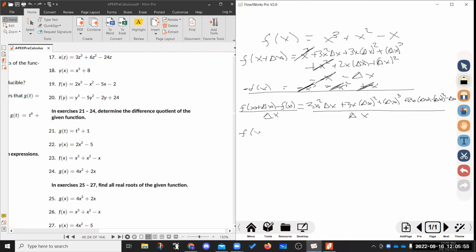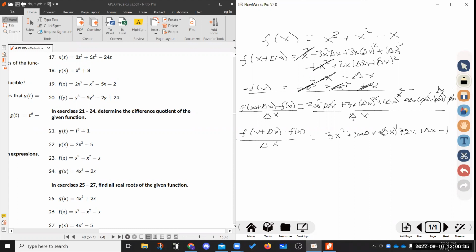so that we reduce the power on all of it. That's going to give us 3x squared plus 3x delta x plus delta x squared plus 2x plus delta x minus 1.